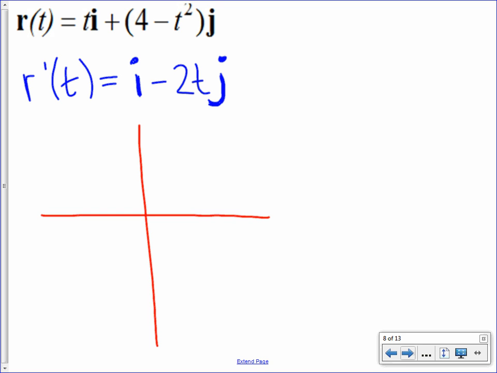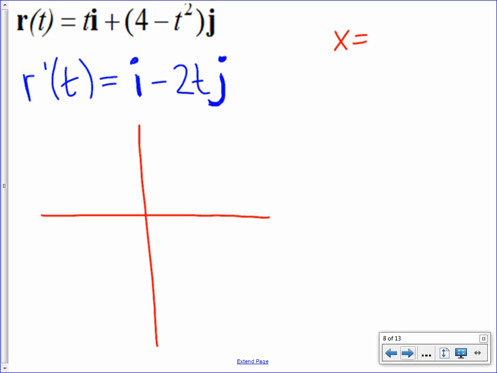What does this look like? Let's talk about r of t.